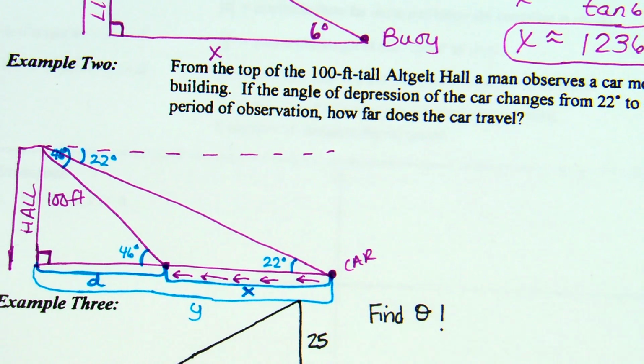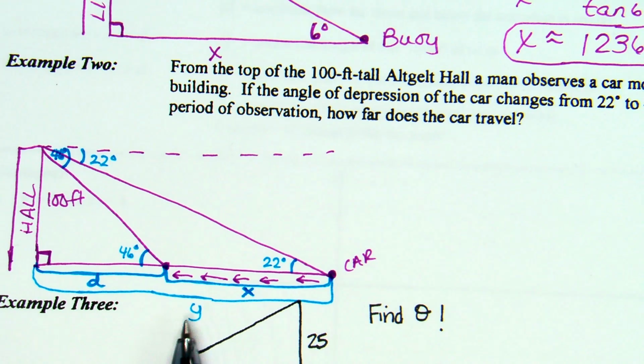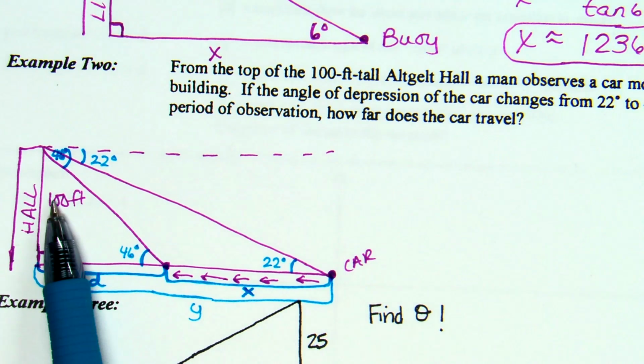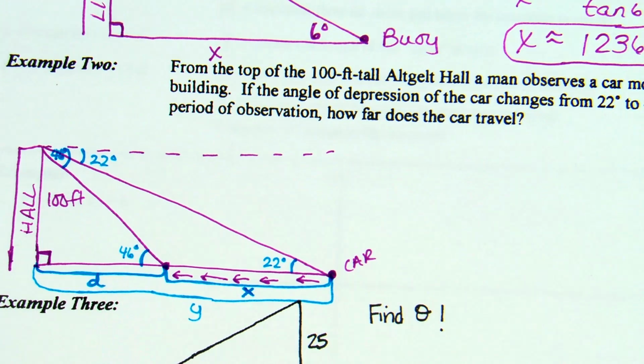So that means he would be doing y over 100. So he would end up doing 100 times the cotangent of 22. Do you guys remember how to do cotangent on the calculator? Okay, it's tangent of 22 and you raise it to the negative 1 power. And I'm perfectly fine with that.